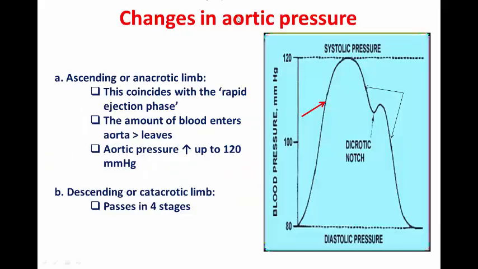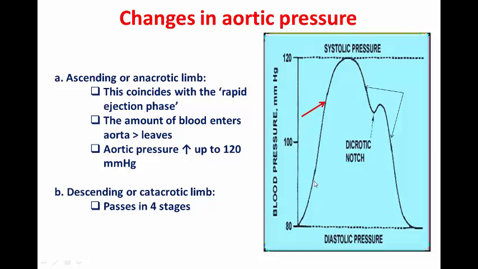So the aortic pressure curve shows an ascending or anacrotic limb and a descending or catacrotic limb.